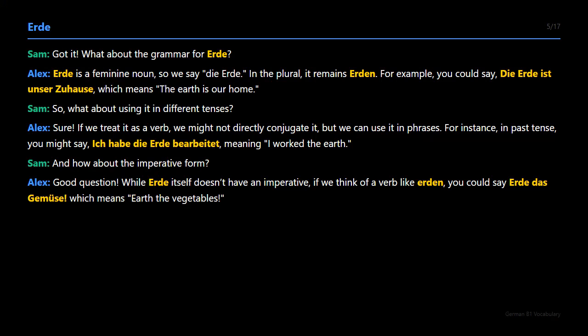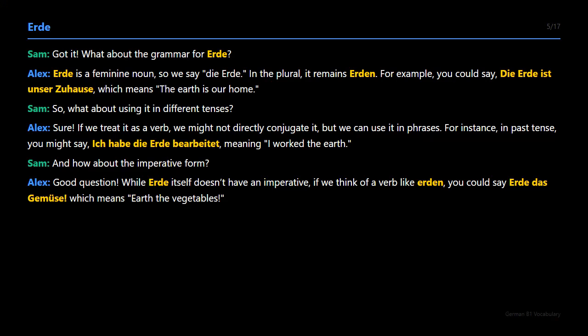And how about the imperative form? Good question. While Erde itself doesn't have an imperative, if we think of a verb like erden, you could say, Erde das Gemüse, which means earth the vegetables.